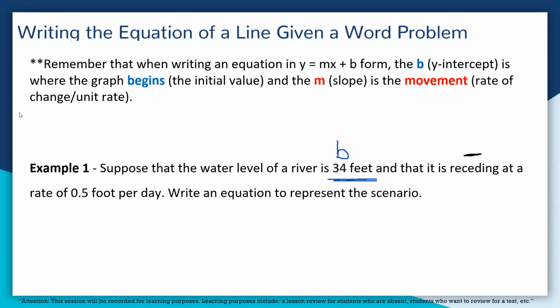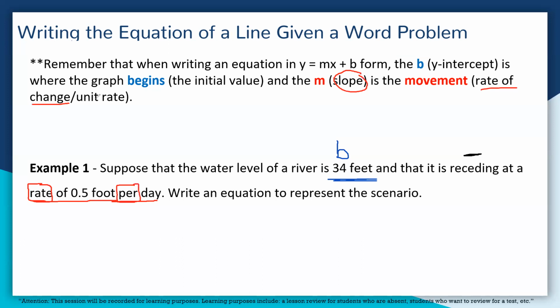Well, it says it's decreasing by a rate of 0.5 feet per day. There are a couple things here that can lead us to recognizing that this is our rate of change. One of them is it pretty nicely right here just says it's our rate. So our rate of change, remember, is another word for slope. Another thing that helps us note this is right here where it says feet per day.